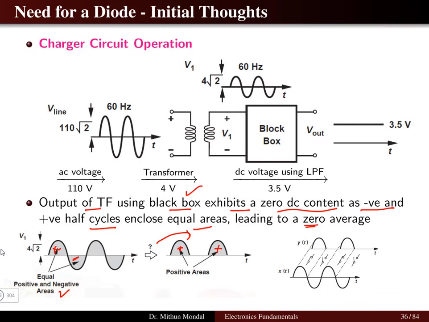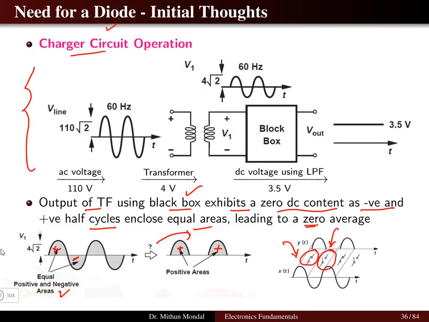So the diode may behave as a closed switch and an open switch for the first half cycle and the next half cycle of the AC supply. So we can understand from this example of charger circuit operation why we need a diode.